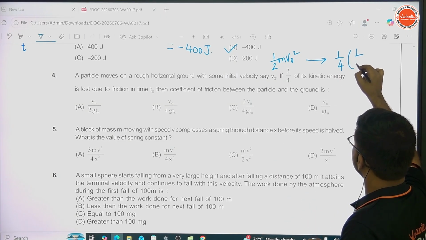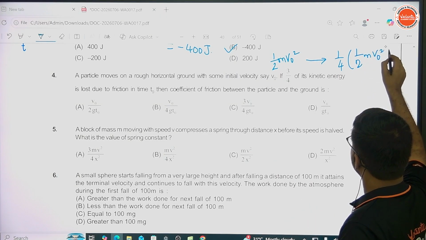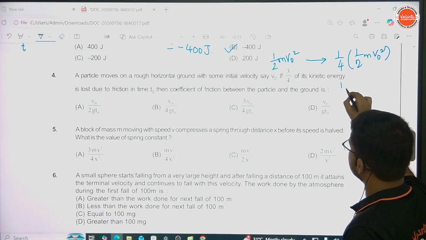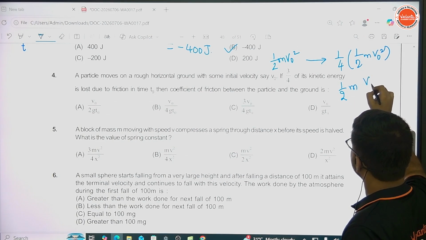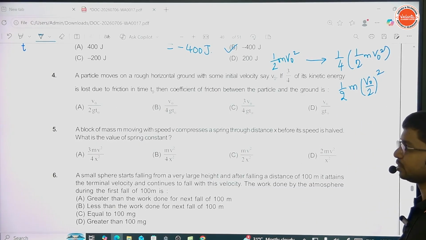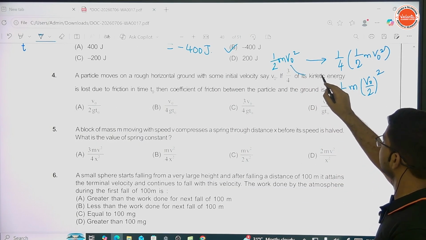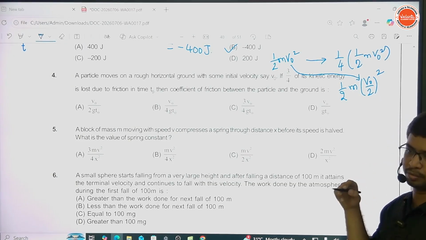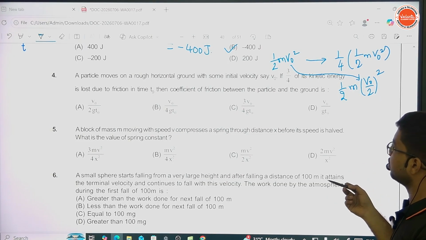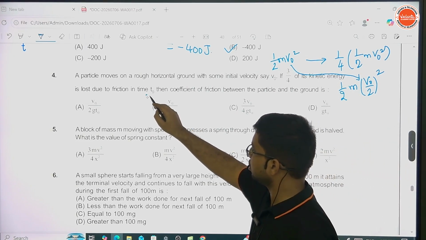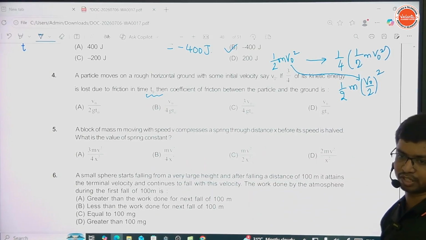I will rewrite this as half m into v naught by 2 whole square, which means your velocity has actually decreased from v naught to v naught by 2, right? In how much time? t naught amount of time, right?